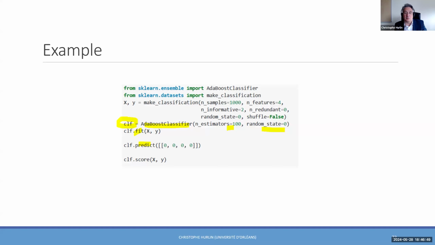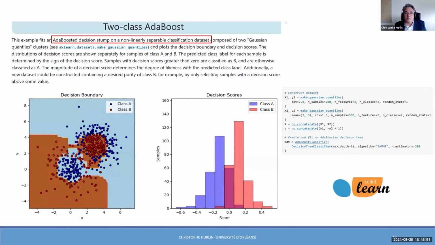Do you have any questions? This is really a very good model, because with this combination of very simple models, with decision stumps, you can, for instance, have this type of decision boundary in which you capture well this cluster of data.